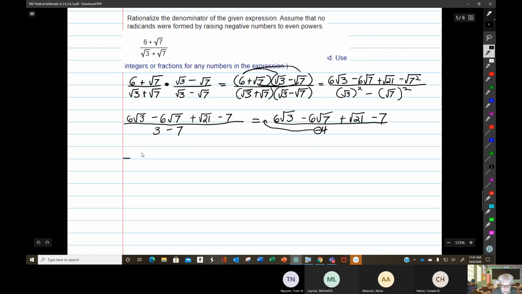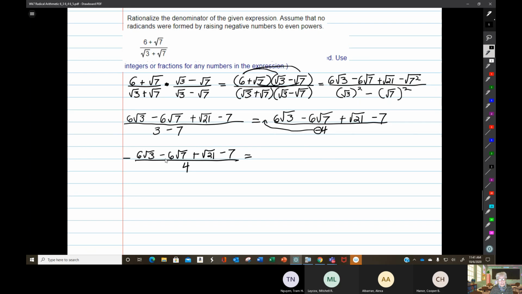So negative 6 times the square root of 3 minus 6 times the square root of 7 plus the square root of 21 minus 7 over 4. Now we're not going to leave it that way because nice people don't do it. That negative sign is going to change position one more time.